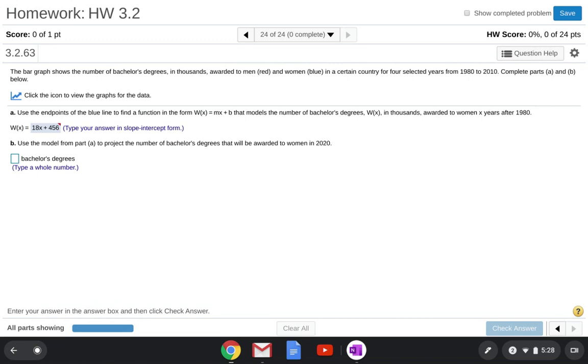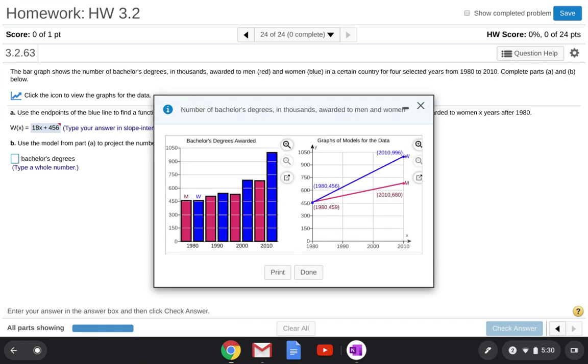For B, use the model from part A to project the number of bachelor's degrees that will be awarded to women in 2020. So for 2020, you're not going to replace x with 2020, because going back to the graph, our starting point is 1980, so 1980 means x equals 0.